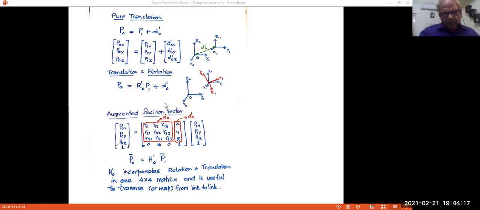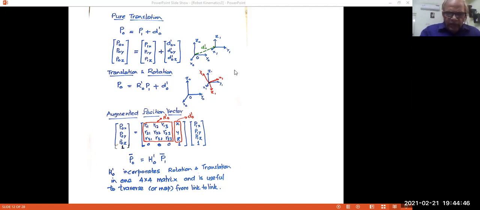On the other hand, if this frame were to be rotated and then you have got a coordinate P1, you want to express that in frame 0, well, all you need to do, like we have seen in the earlier lesson, is convert that into a frame parallel to frame 0 by multiplying with a rotation matrix that relates frame 1 and frame 0, rather rotated frame and unrotated frame.